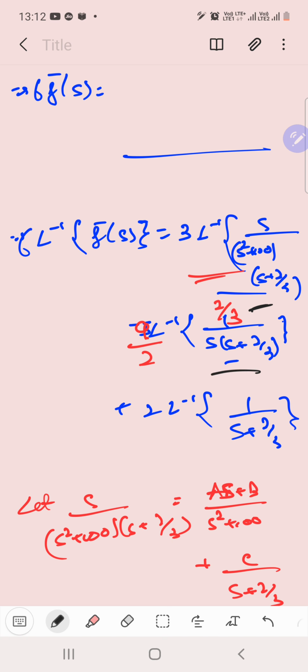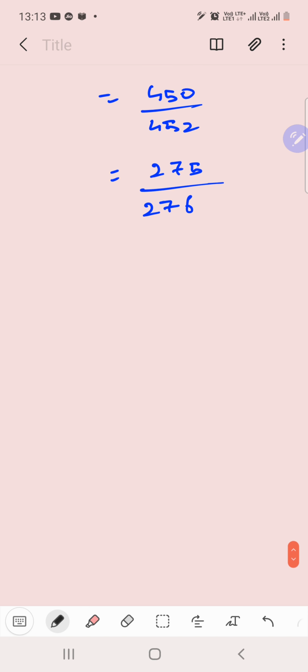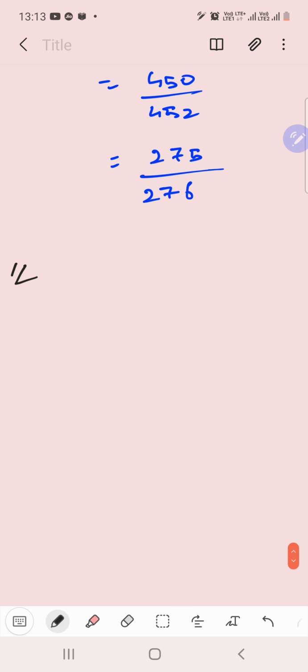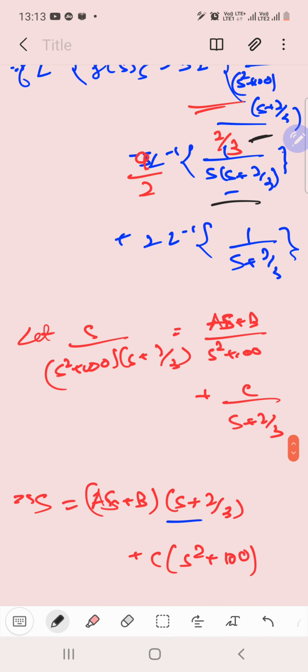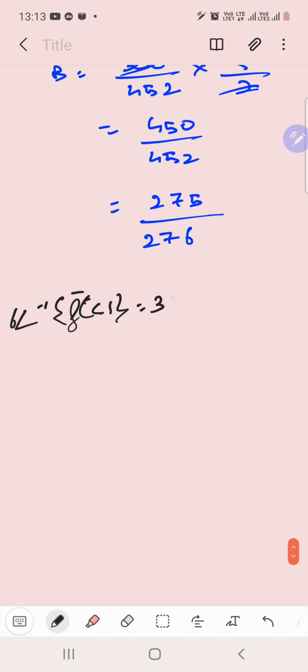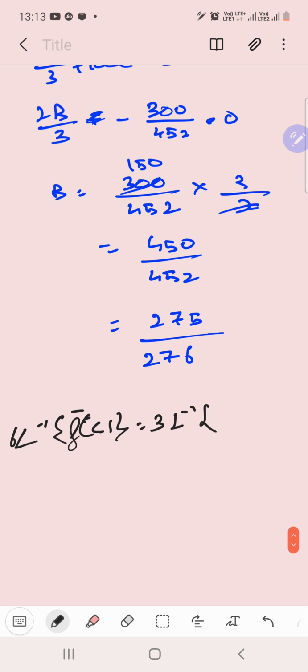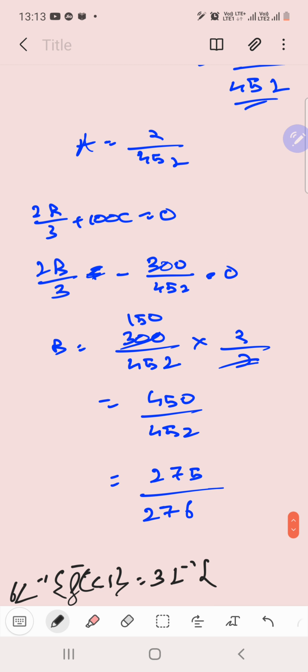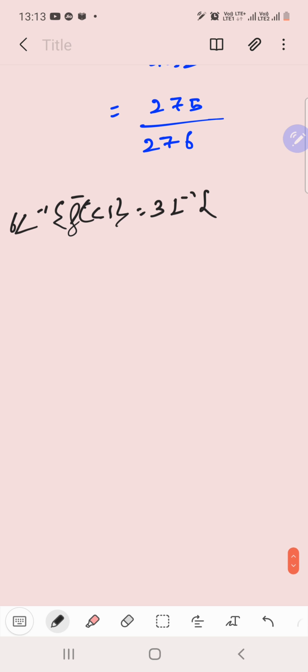Okay, similarly this can also be changed into Laplace transformation. So basically 6 times Laplace inverse of f bar s gives you, it was 3 times, I guess it was 3 only, yeah, 3 times. So this becomes Laplace inverse, what was a? So a was 3 over 452.